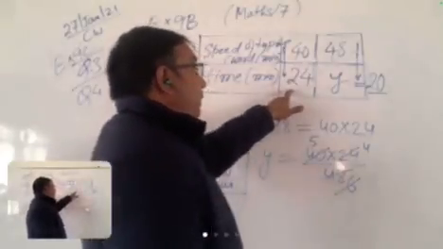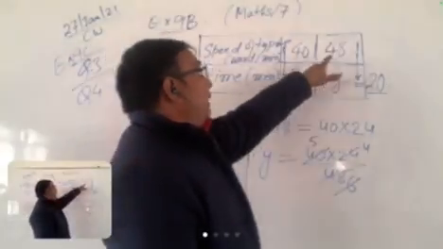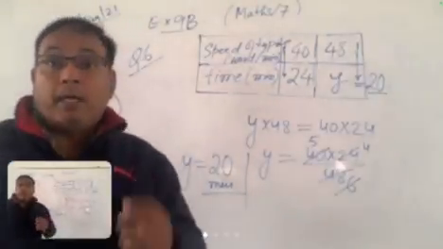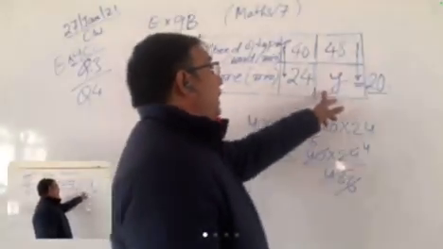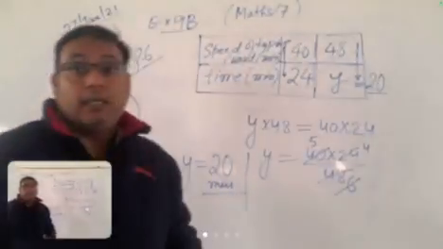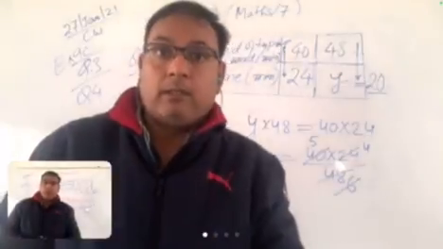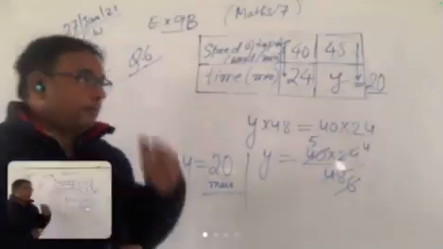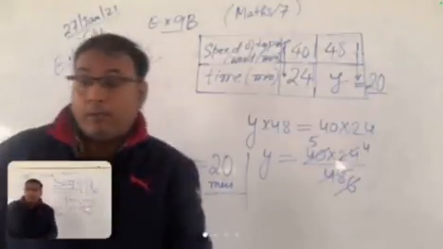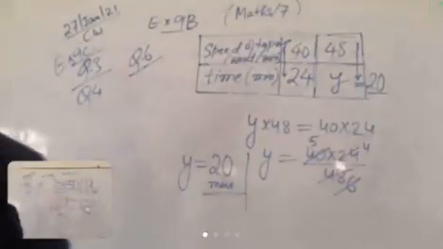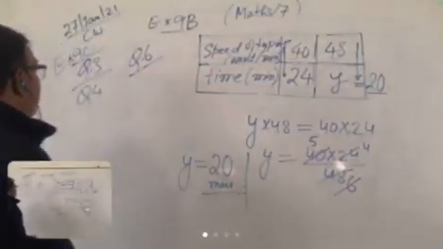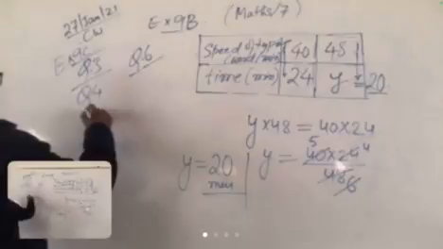And her friend's typing speed is 48 words per minute, then she takes 20 minutes to finish the same work. Clear? If there is any doubt, you can ask. Yes sir, clear. No doubt, sir.